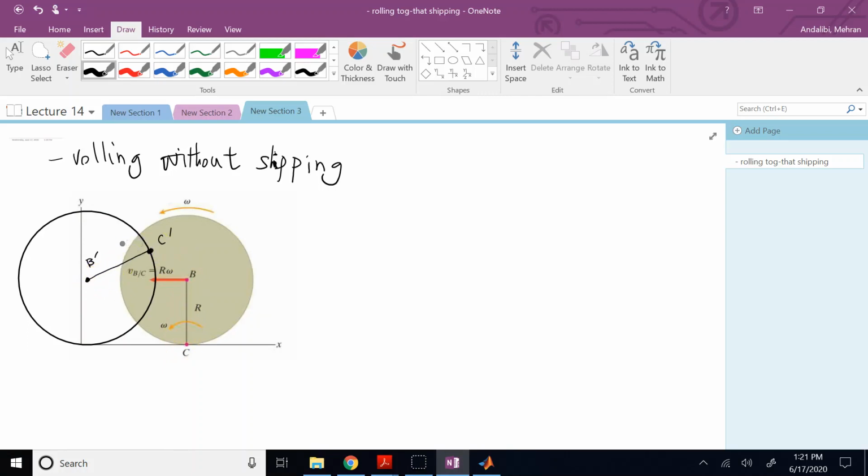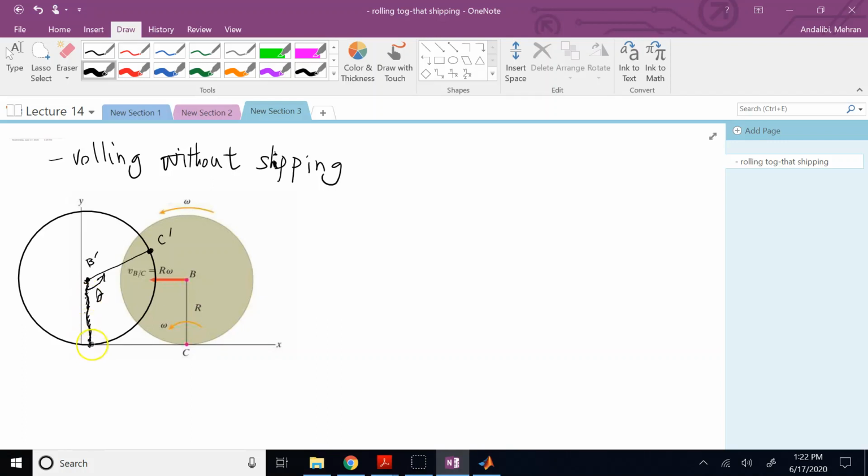Now, this is the line, and this vertical direction, if I do it again here for you, this is the angle theta that the disk has rotated between these two positions, right? And now, let's say the radius of this disk is r. That's what we assumed.